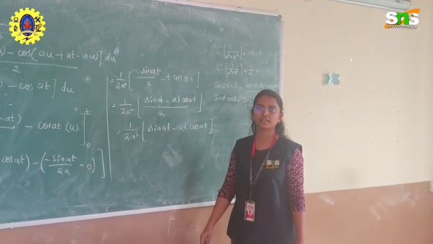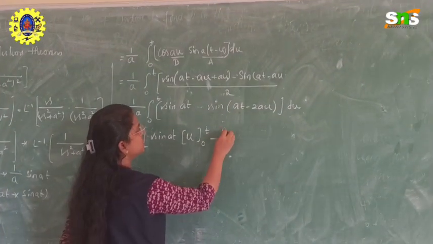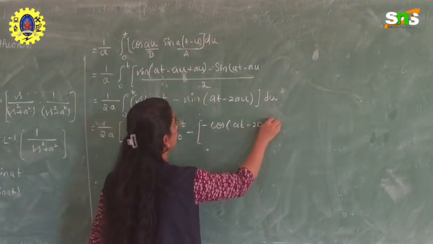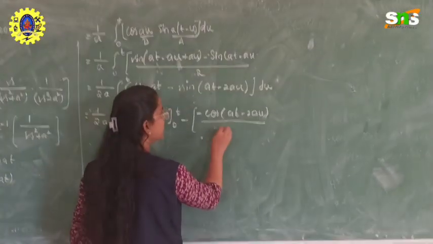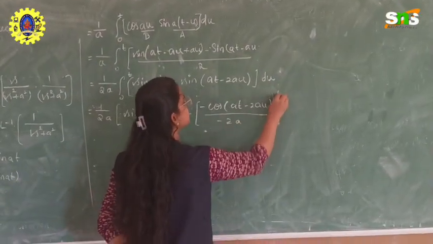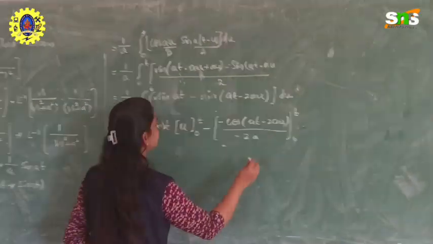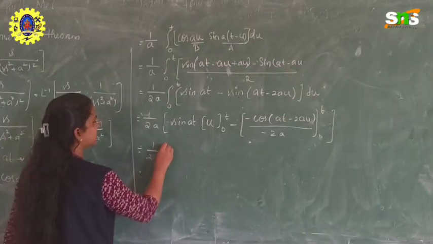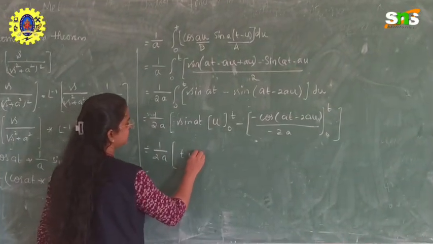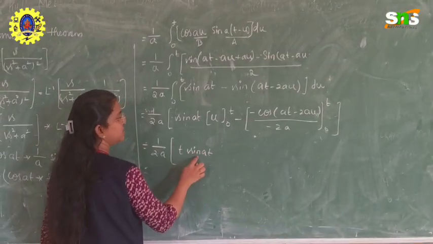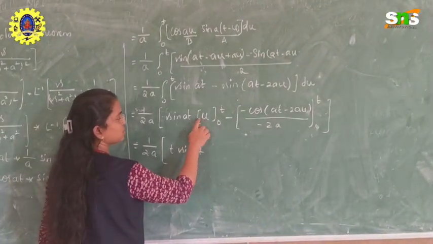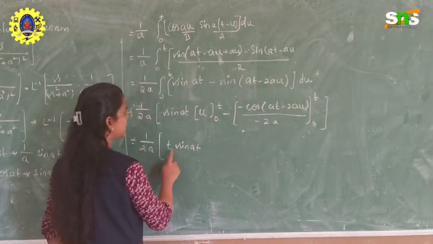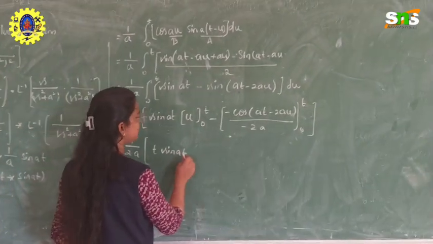Sine integration is minus cos(at minus 2au) divided by minus 2a. The limit is 0 to t. Now I am going to substitute the limit, which is 1 divided by 2 here. So t sin at. The limit substitution is t minus 0, so I am taking this t in front of sin at.